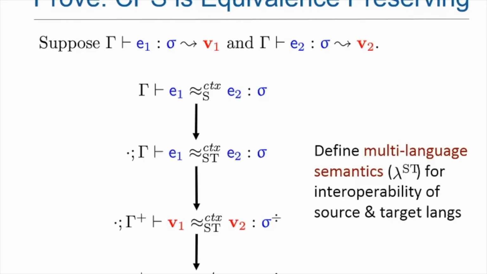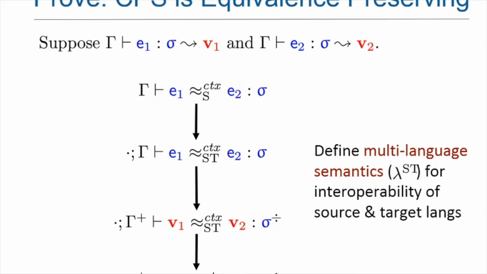So in the interest of back translating terms from the target language back into the source language, the authors expand the type judgment system to include instead this translation judgment here, where we translate to these B terms in the target language. You can tell they're in the target language because they're in red. And these V terms don't represent actual values now.